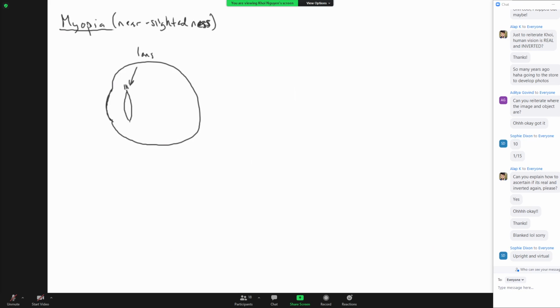It's connected together through your zonular fibers. This is your cornea. Parallel light rays come in for myopic people. So here's your optical axis, by the way. At the back of your eye, this is where the fovea centralis is, otherwise known as your retina.